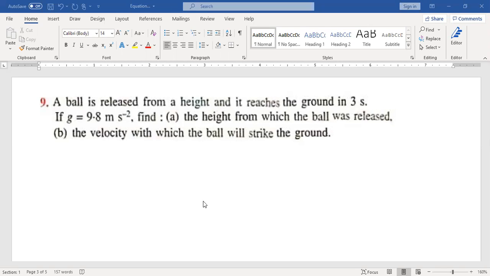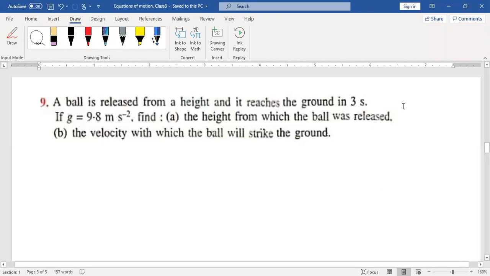Now students, in this question number 9, 3 seconds is the time given. See the first line of this question.